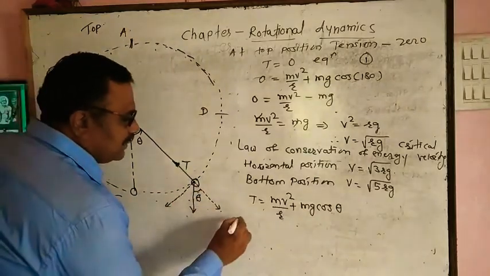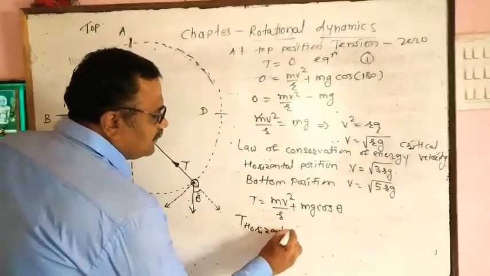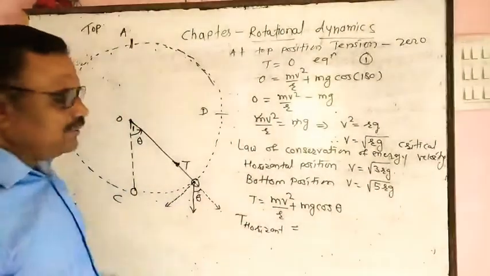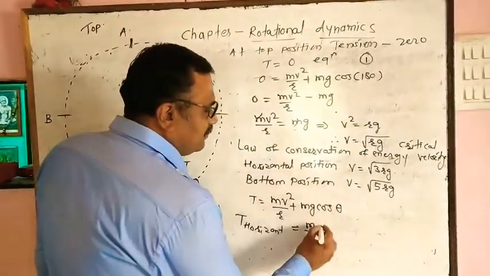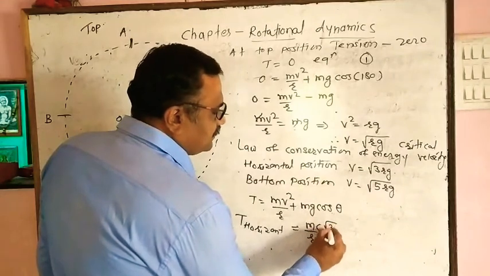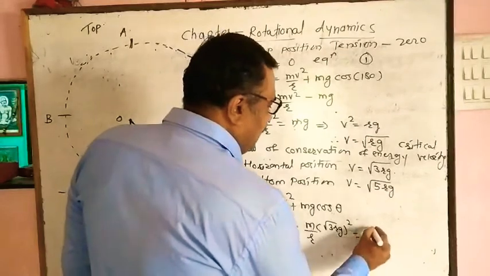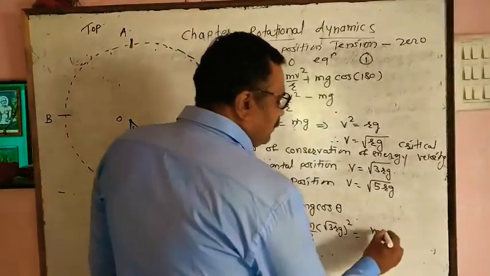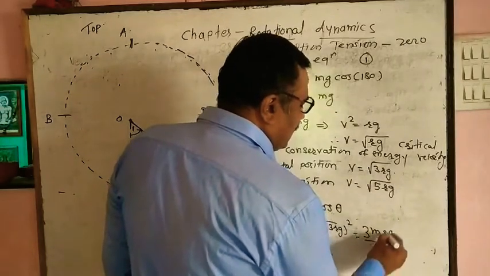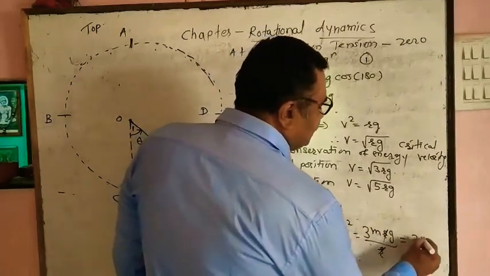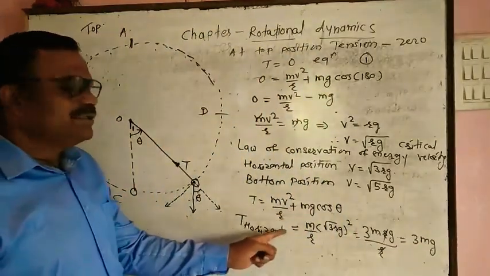Therefore, to calculate tension at the horizontal position, we substitute v equal to under root of 3rg. Therefore, we get m into r into g into 3 upon r. Therefore, r gets cancelled, and we get 3 times mg. This is the expression for tension at the horizontal position.